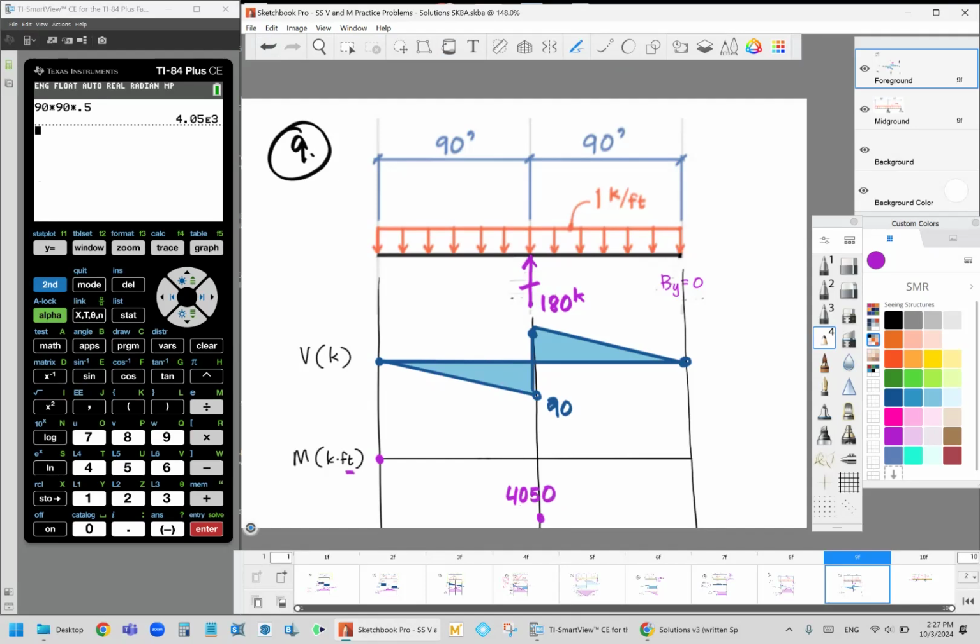The 4050 kip feet, if you wanted to show engineering notation there, that would also be okay by me. I'm going to try to figure out a way to put this out of the way a little bit. I'm going to put it right here. All right, and then positive by the same area, that gets me back to 0.